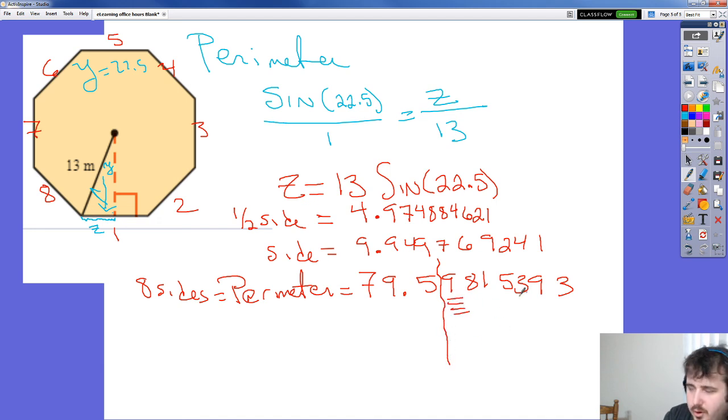Then we look at the number after it, and that tells us what to do. Well, this 9, does it make it round up or down? Yes, 79.6. That's exactly right.